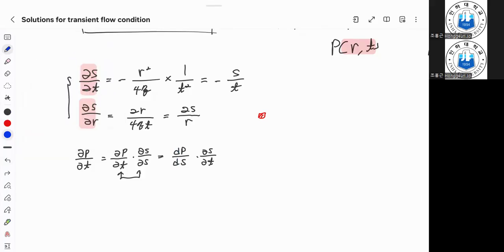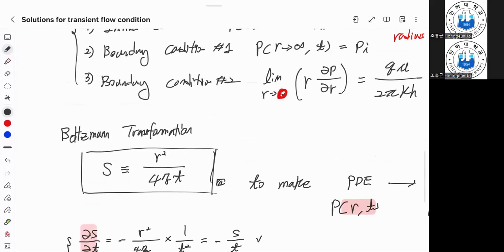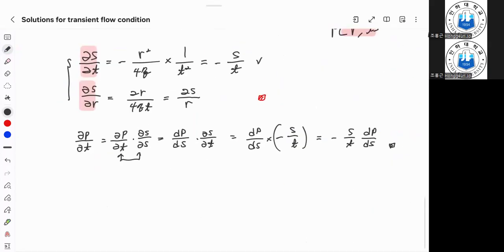And the second term is given in the above equation, so it will be dP/ds times minus s over t. If I write it in order, it will be like this. And for the second equation, we need partial P over partial r.